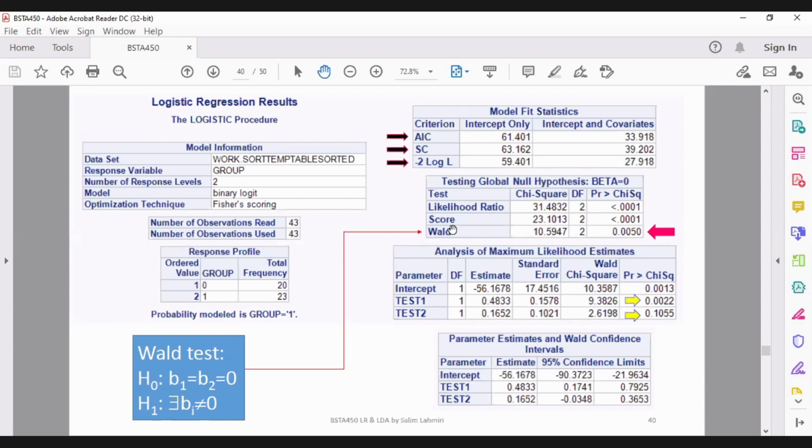According to the Wald test, H0 is rejected and at least one of the B's is significant, because the p-value of the Wald test is equal to 0.005, less than 5%. So you reject the null hypothesis that all coefficients of the regressors are equal to 0 and accept the alternative that at least one of them is different from 0. Any question regarding this? It is very similar to multiple linear regression.